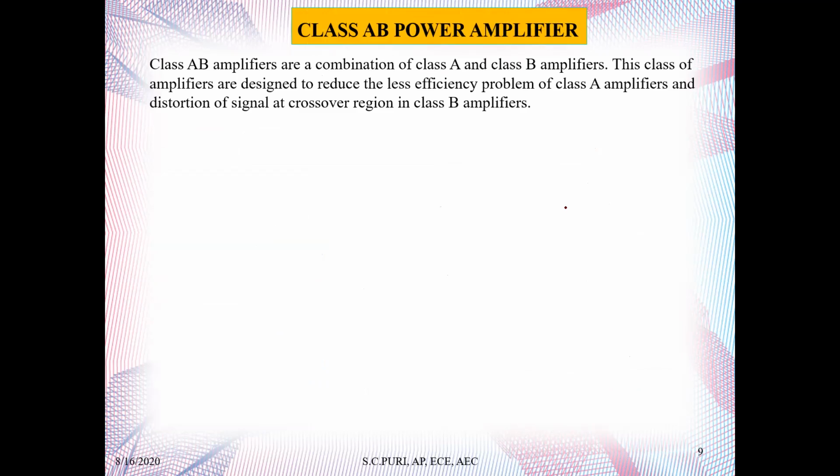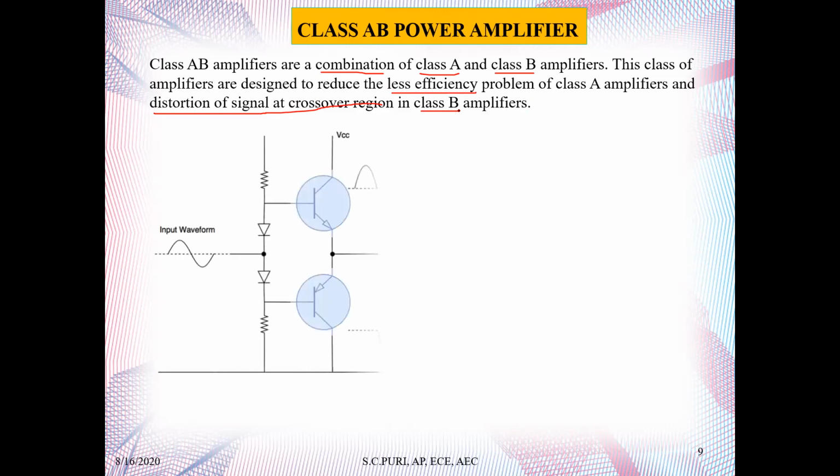Class AB amplifiers are a combination of class A and class B amplifiers. This class of amplifiers is designed to reduce the low efficiency problem of class A amplifier and the distortion of signal at the crossover region in class B amplifier. You can see here, this is how it goes.